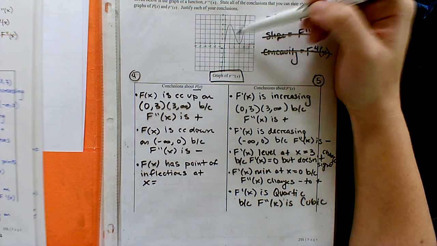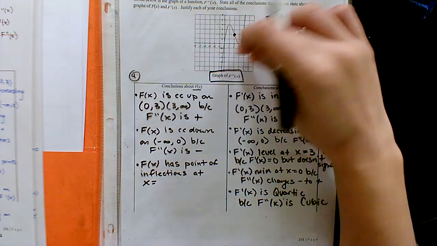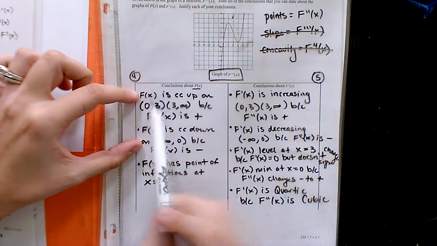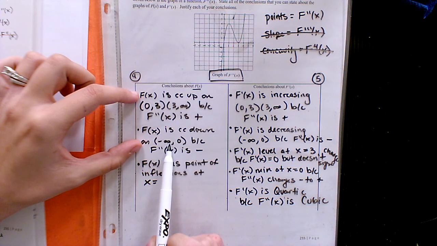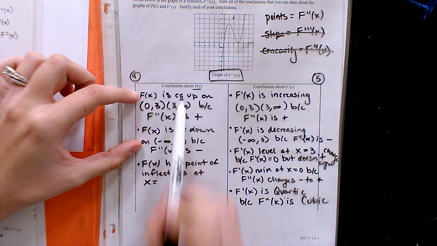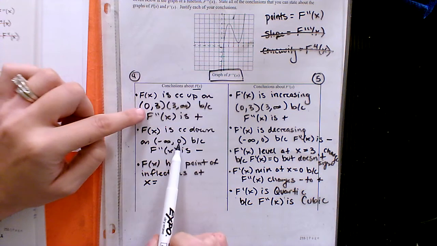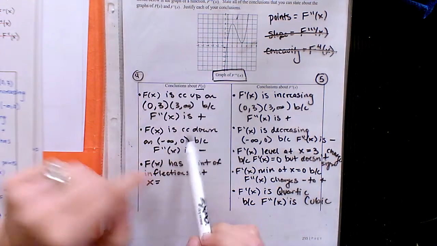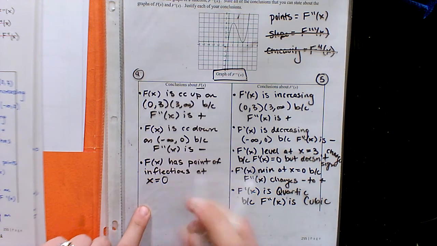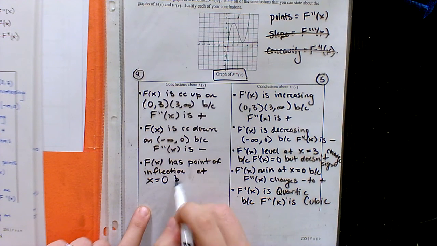We're concave up here, and concave down here. We change concavity at 0, but not at 3, because 3 wasn't found in here. So we really only have one point of inflection.